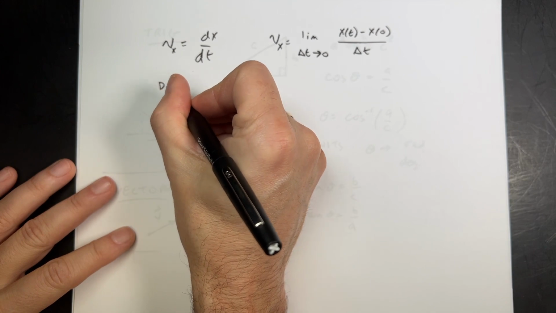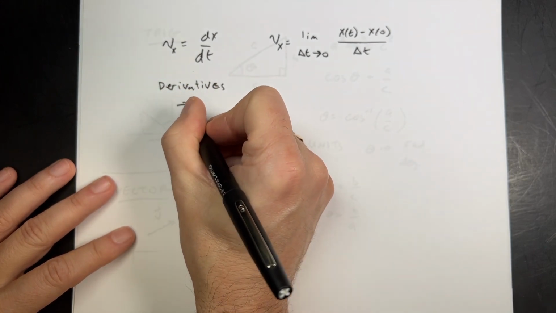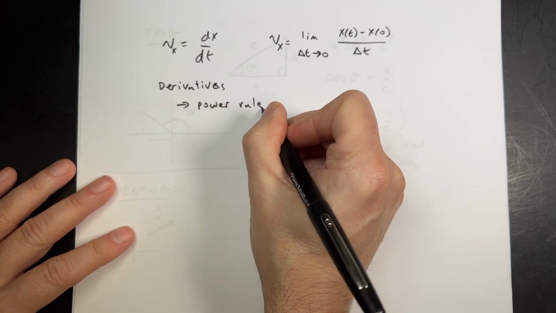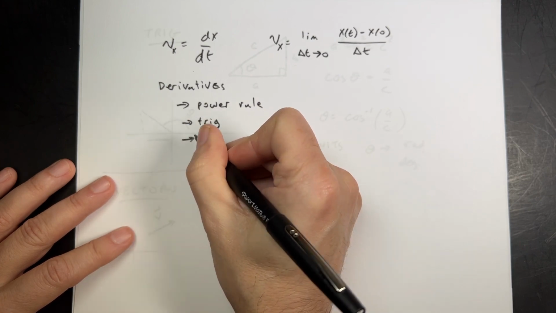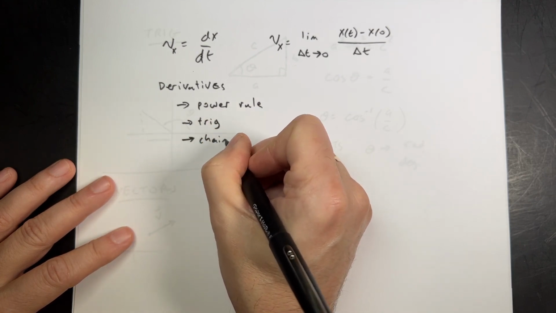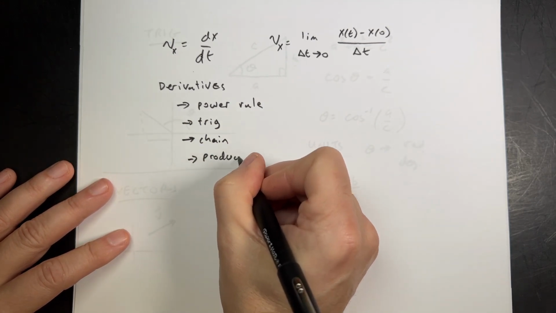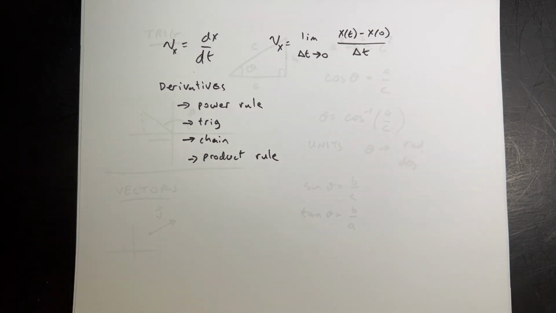For derivatives, you need to know the power rule. I mean, we don't use this a ton. Trig functions, chain rule, product rule. If you can do all those things, I think you should be fine in Physics 221, and hopefully you'll learn a lot about derivatives by using this in concrete examples.